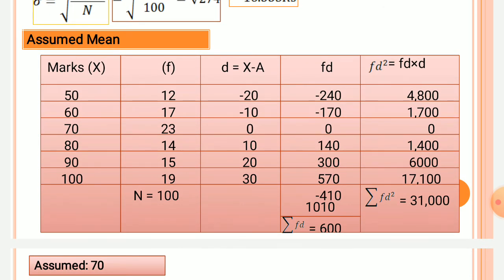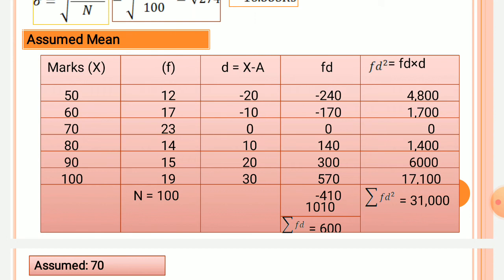And when assumed mean is used, then separately we have to maintain a table. Marks in the first column, x; in the second column f, the frequency. So in the third column we have to find d, that can be known as x minus a. And then in the fourth column f into d, and in the last column fd into d, fd square.